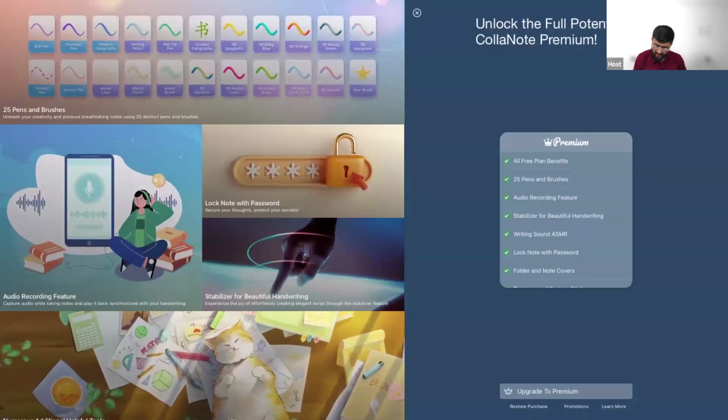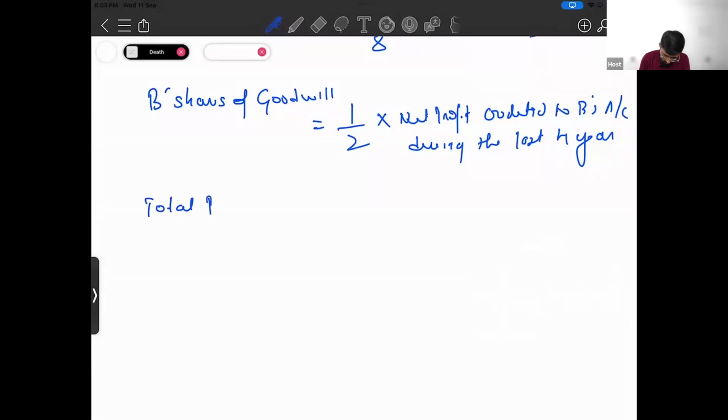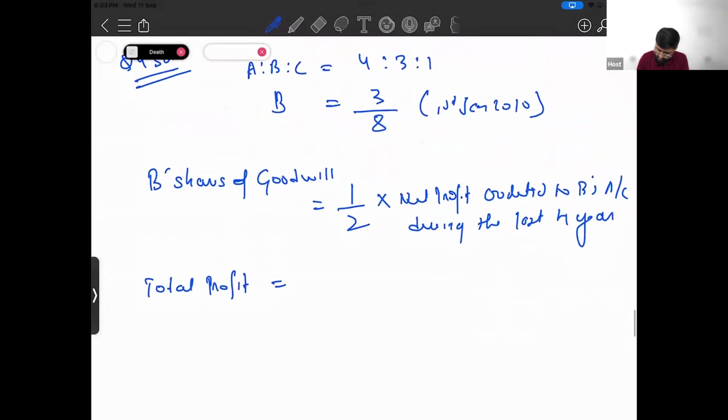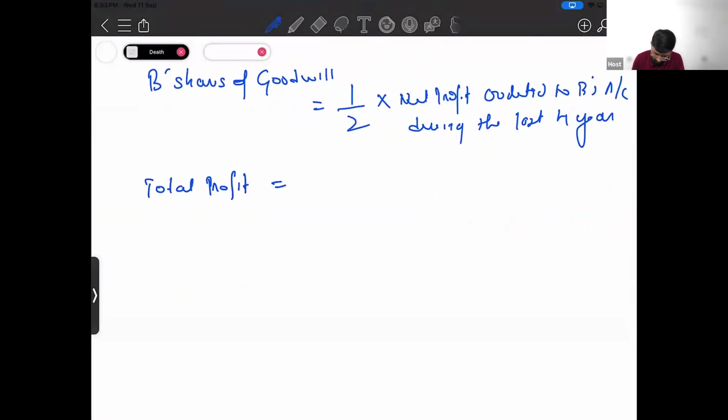Let me make my screen. So let's find out the total profit. 30,000 plus 15,000.